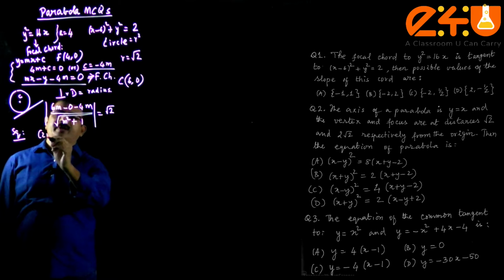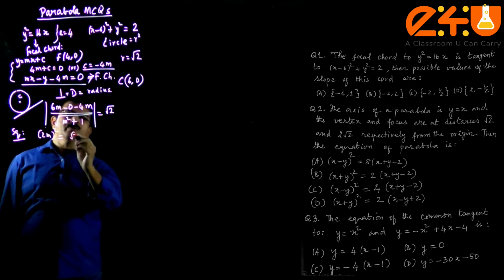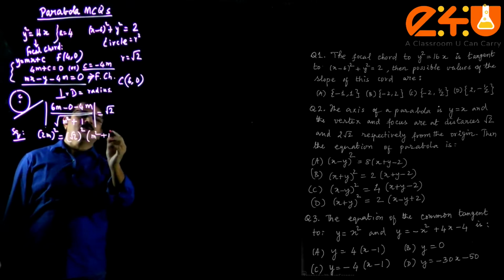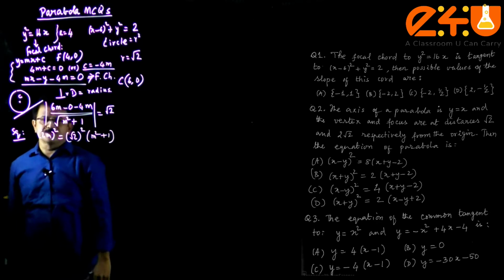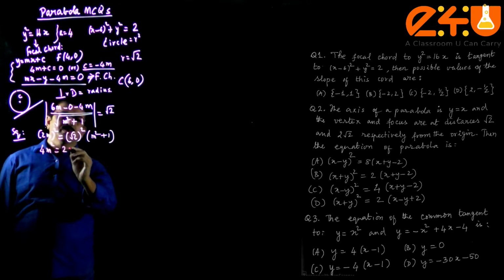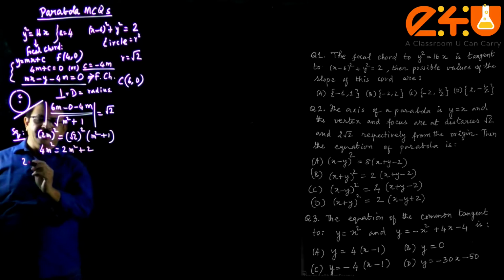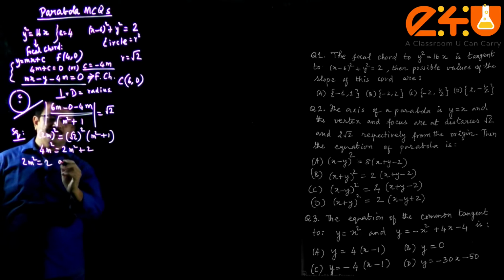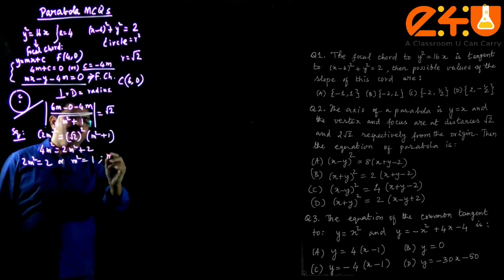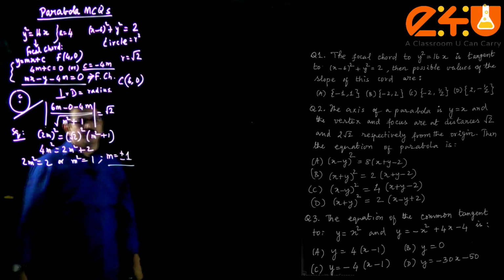So, 2m is squared. Multiply across, you get root 2 squared and the square root goes, so it is m squared plus 1. So, I get 4m squared is 2m squared plus 2. In other words, I get 2m squared equal to 2, so m squared equal to 1. So, you get the m value either plus 1 or minus 1.